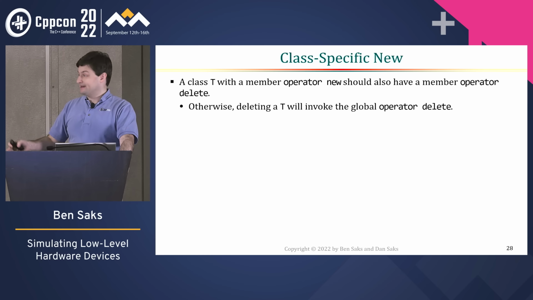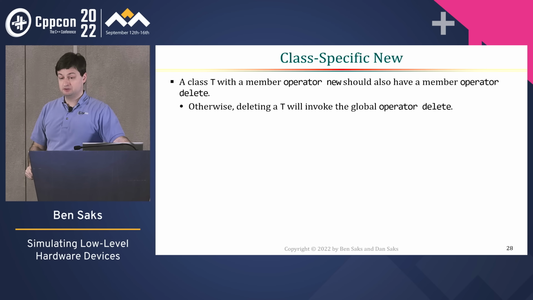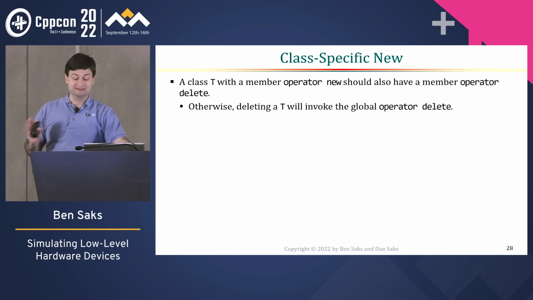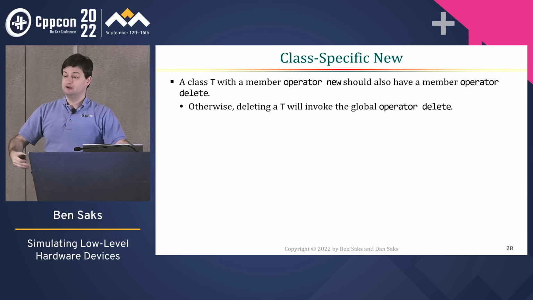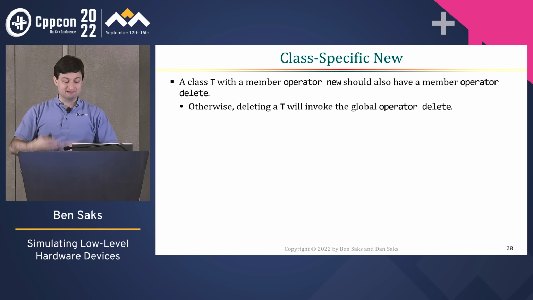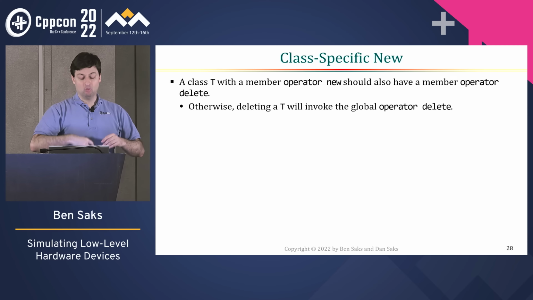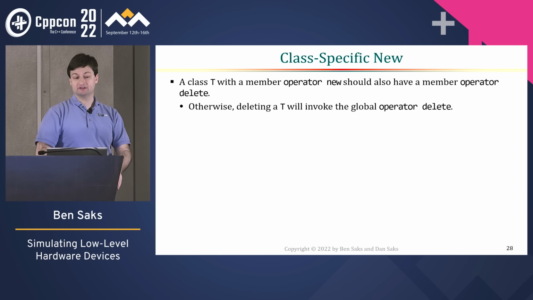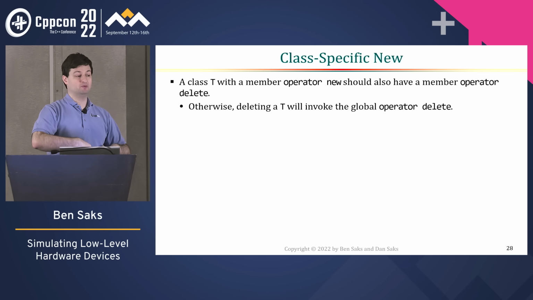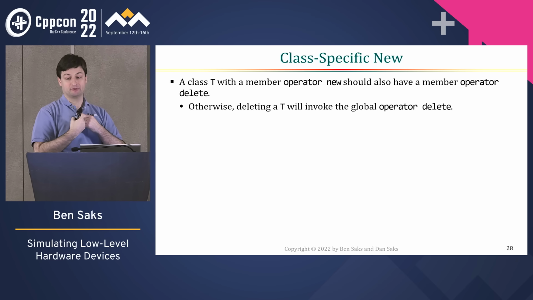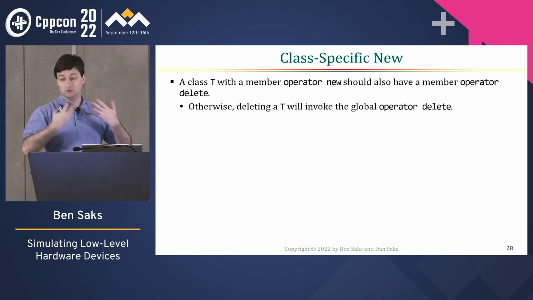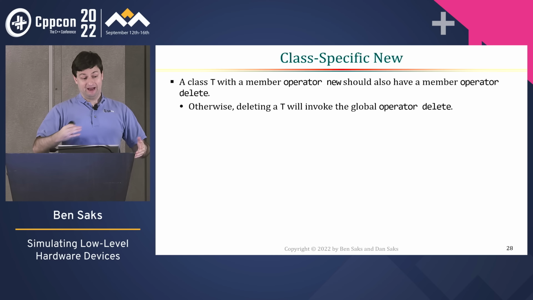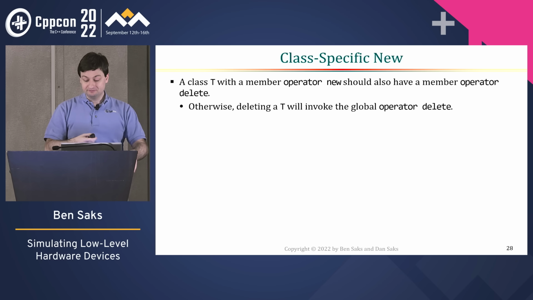Now, a class that has a member operator new should also have a member operator delete, because if it doesn't, then if we ever try to delete the pointer, we'll wind up calling the global operator delete, which will assume that we got our memory from the global operator new, which we didn't. We didn't really allocate memory at all.